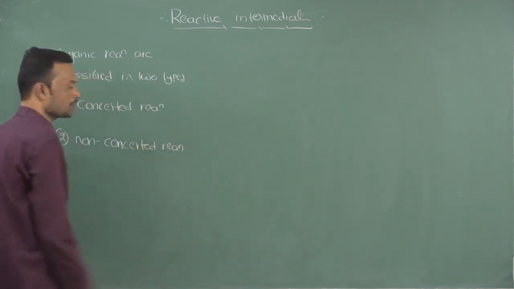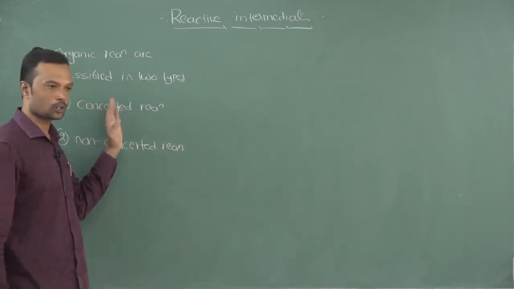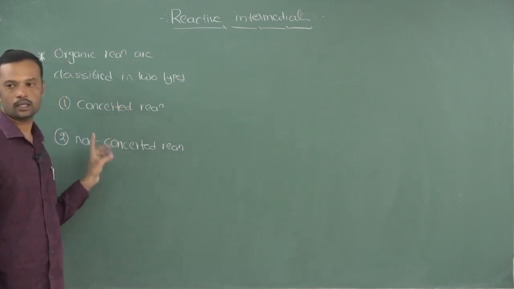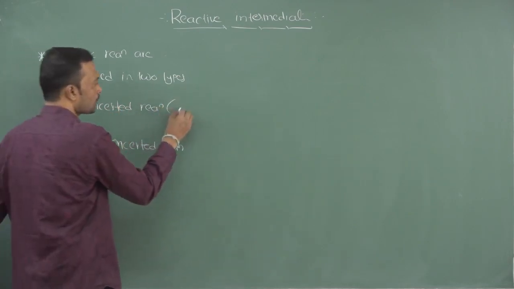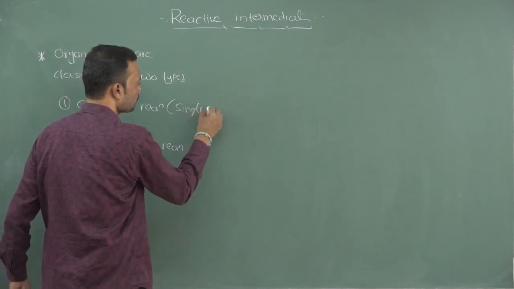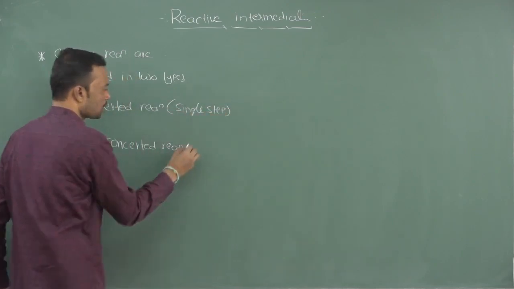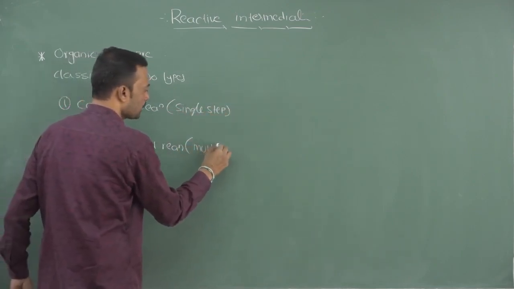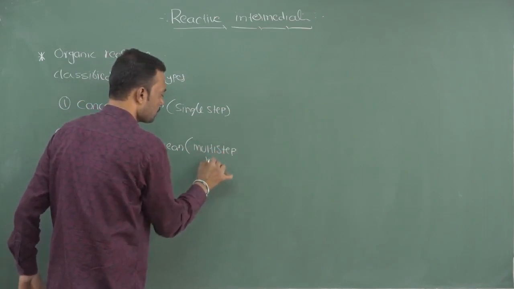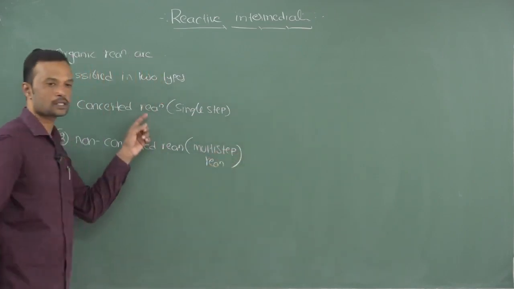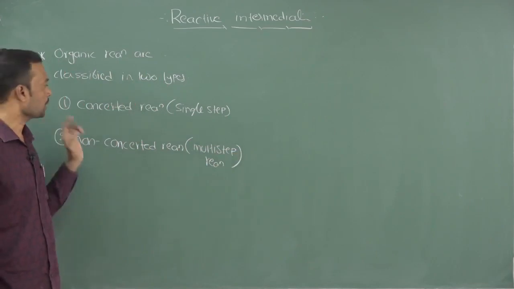So organic reactions are of two types, concerted reaction and non-concerted reaction. A concerted reaction is nothing but a single step reaction, and a non-concerted reaction is a multi-step reaction.